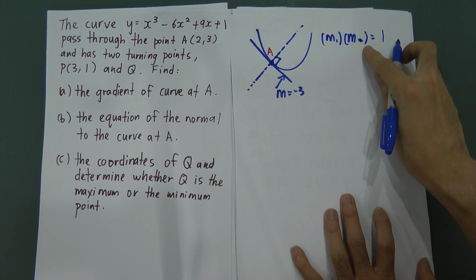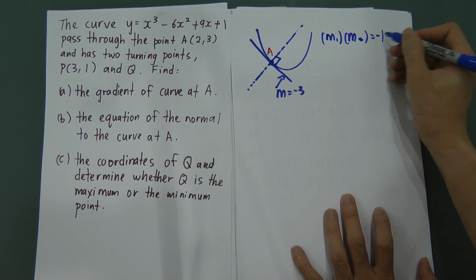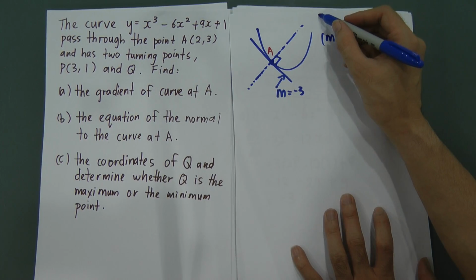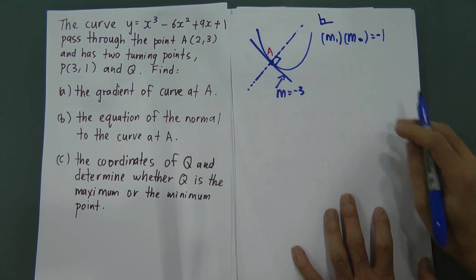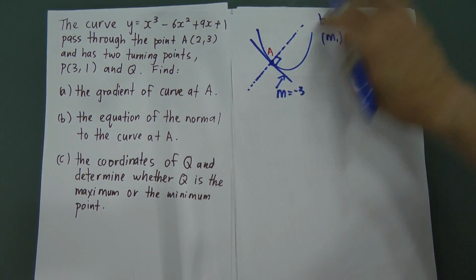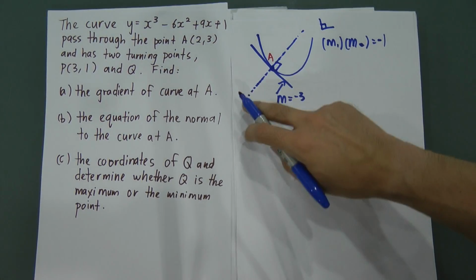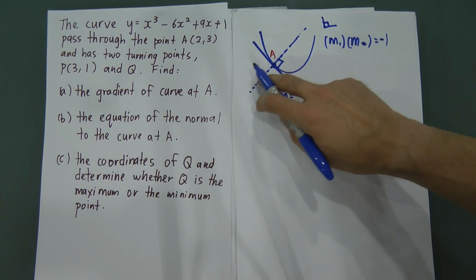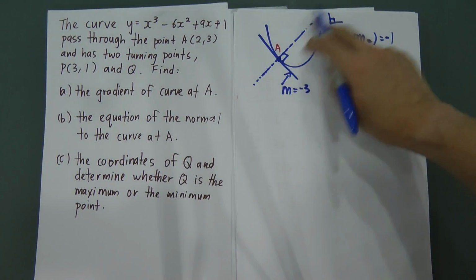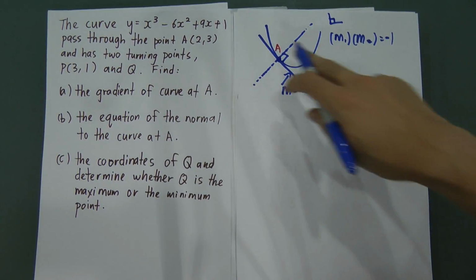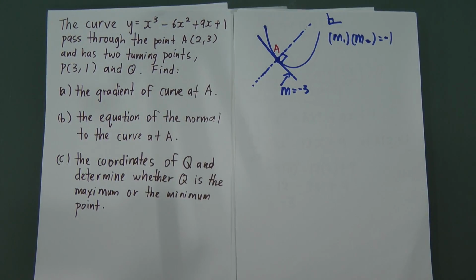This is the formula for perpendicular lines. When he says this is the normal, you have to find the gradient for this dashed line. After you get the gradient, you just substitute the point A, and you can get the whole equation.